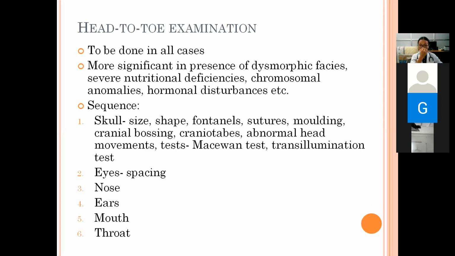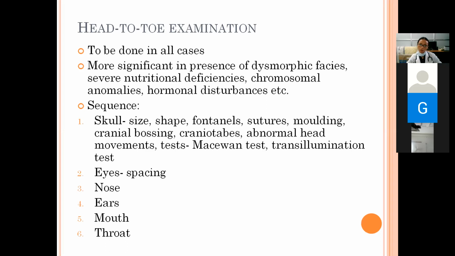It can be seen in children with hydrocephalus. And the trans-illumination test is like any other trans-illumination test that you do. It is done using a torch, which has to be wrapped inside a carton, a paper, or ideally a rubber tube, and then the torch should be placed on the skull.